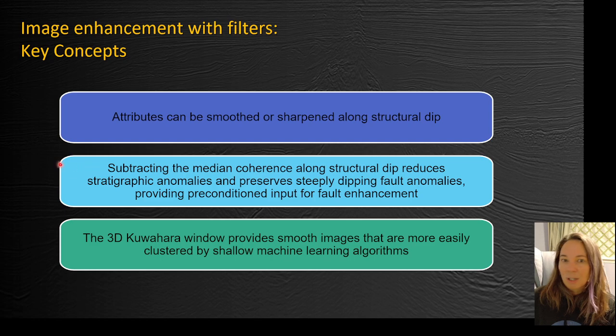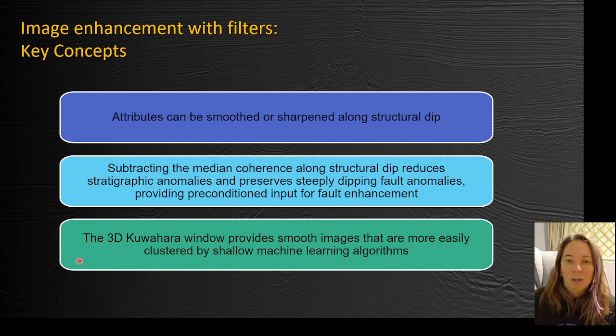We can do a couple of different methods that I've shown you here, and we have a lot more, a lot of different types of filters and filtering strategies. Some of the ones I showed you were how to subtract the median coherence along the structural dip, which helps reduce stratigraphic anomalies while preserving the steeply dipping fault anomalies. So it's a good preconditioning step for fault enhancement.